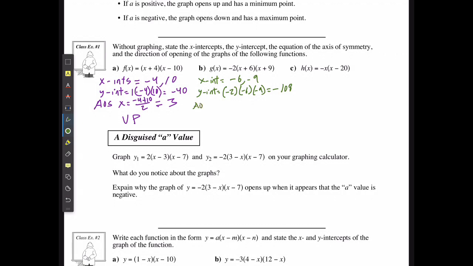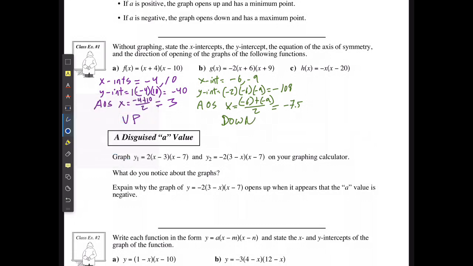The axis of symmetry is going to be when x is equal to -6 plus -9 divided by 2, or when x is equal to -7.5. And this one is going to open down.